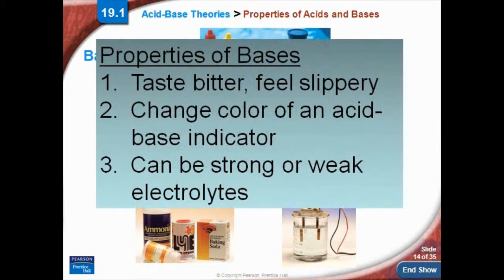Now, these properties of bases, I want you to write these down. I'll give you a few seconds to do that. Number one, they taste bitter and feel slippery. Number two, they will also, like acids, change the color of an acid-base indicator. And number three, they can be strong or weak electrolytes, depending on if they completely dissociate or only partially dissociate in water.